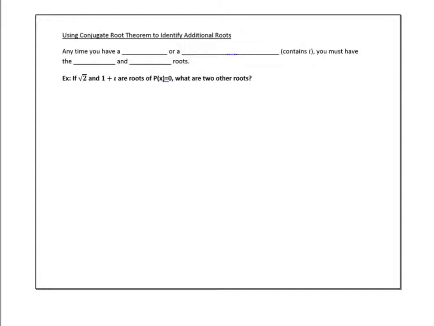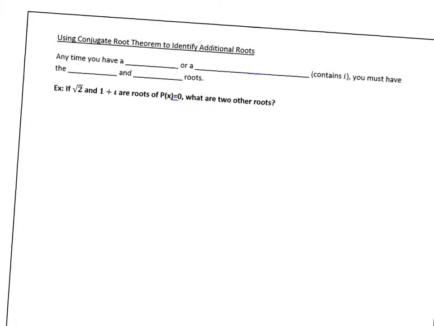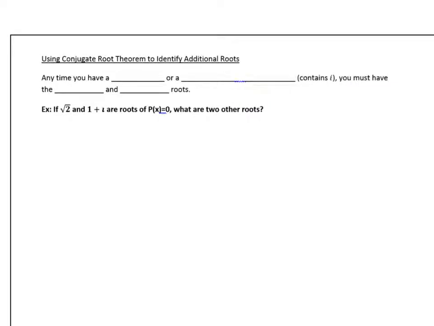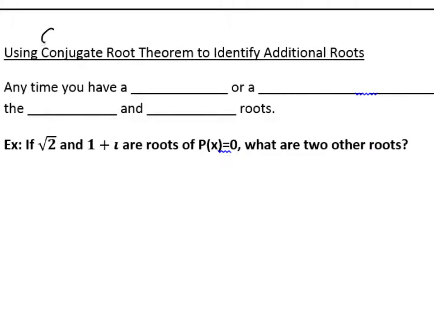Tomorrow we're going to be building on this next part here, so today we're just staying nice and easy with it. So we're going to use a conjugate root theorem to identify additional roots. Well, conjugate, we saw this back with imaginary numbers, and it was kind of like the opposite. Well, we use conjugates in only certain cases.